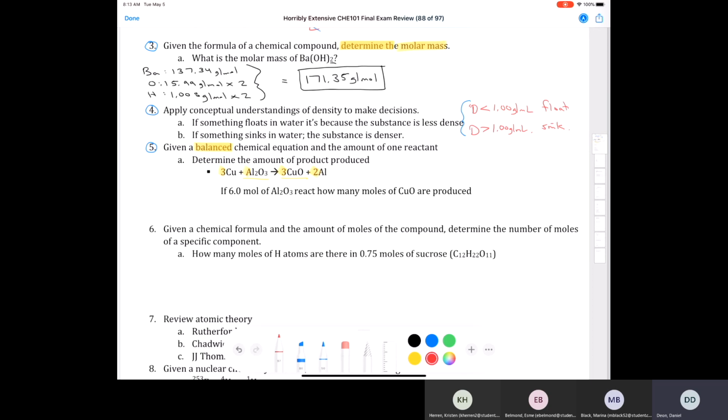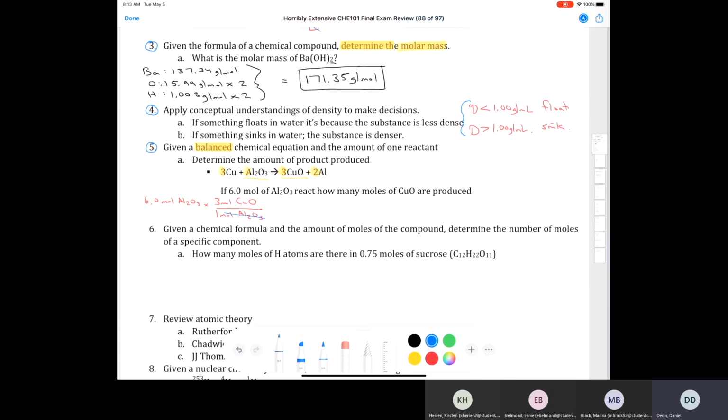But let's do this using dimensional analysis. So if I have 6.0 moles of aluminum oxide, I didn't leave myself a lot of room here, did I? I know that from my balanced equation, for every 1 mole of aluminum oxide that I use up, I produce 3 moles of copper 2 oxide.